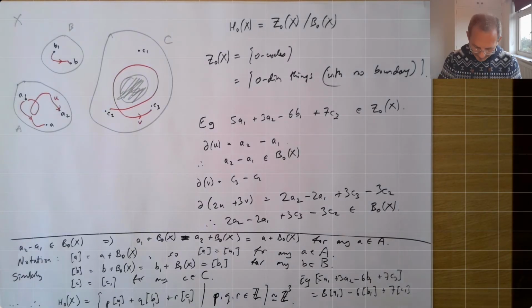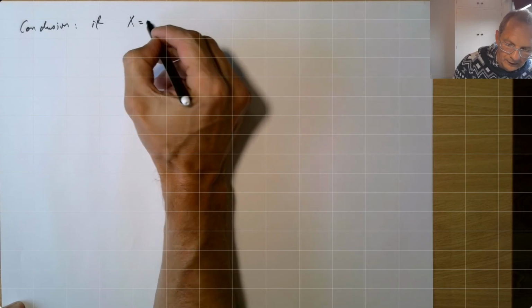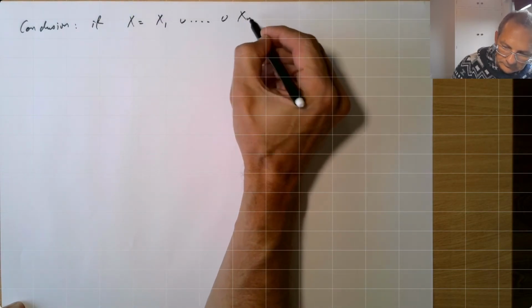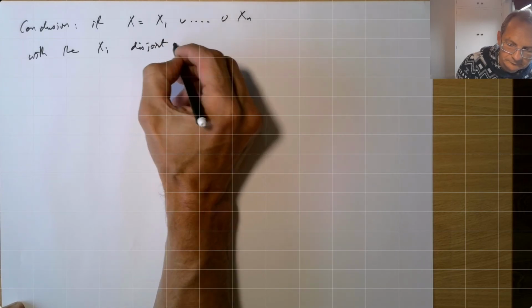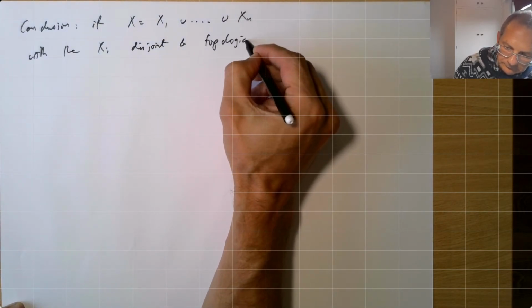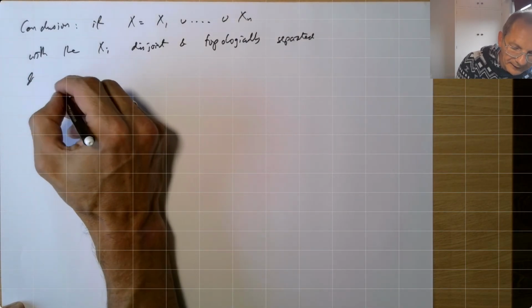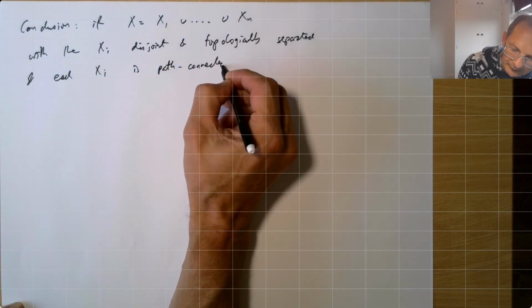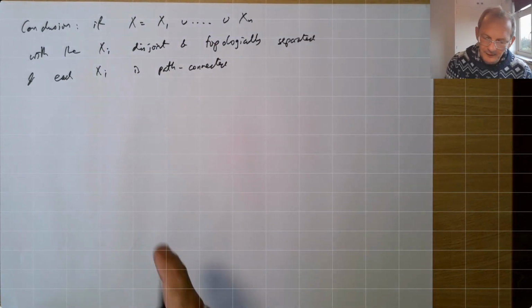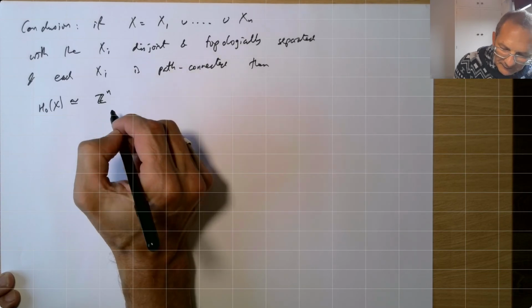Whenever you've got a space, let's maybe write this on a separate piece of paper, X made up of components Xi, with the Xi disjoint and topologically separate, and each Xi is path connected, and so you can get from any point in Xi to any other point by a path, then your H0X is going to be isomorphic to Z to the n.